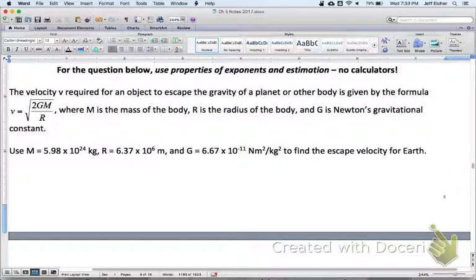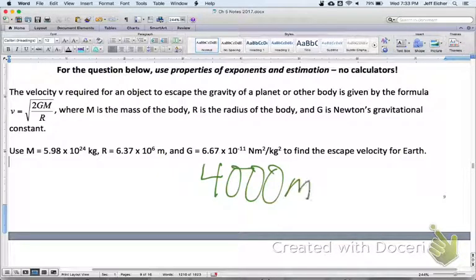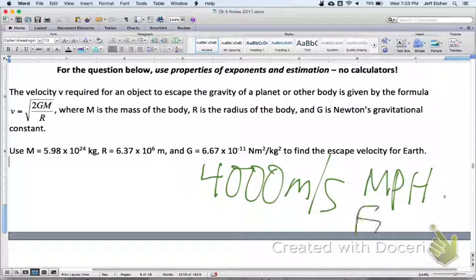I'm not really sure what the units are. Oh. Well, it's a velocity, so I'm guessing it's meters per second. So I guess our answer is 4,000 meters per second. It would be interesting to know how much that is in miles per hour, but I'm guessing in the end you better be going fast. Have a wonderful lesson. Thank you for your attention.